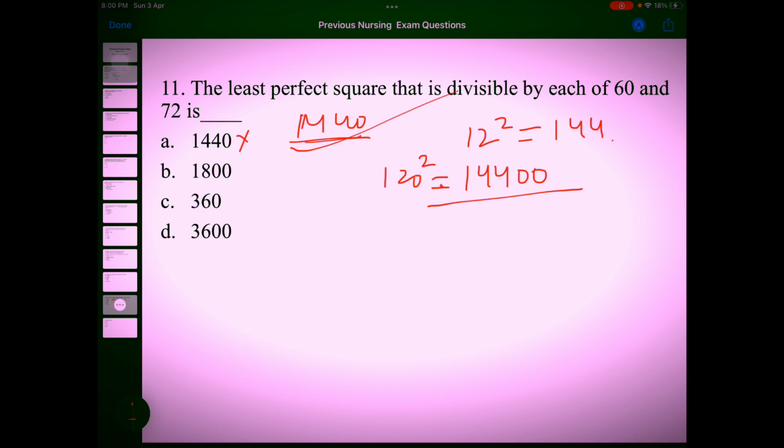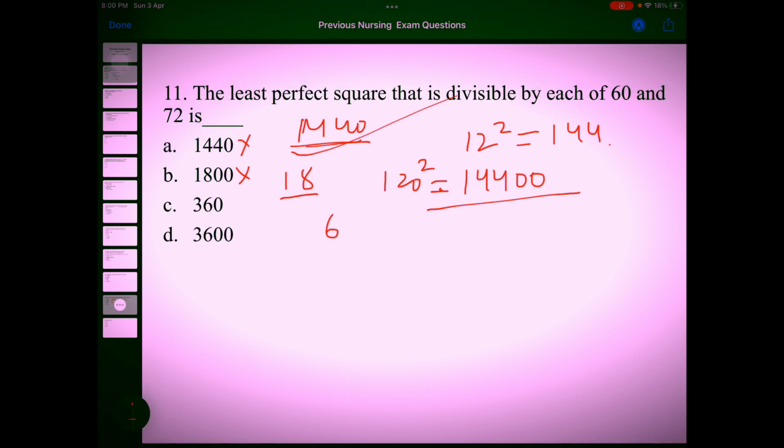Then option B, which is 1800. Here the number 18 is not a square number, so 1800 also will not be a square number. Now we are left with option C, that is 360. 360 is also not a square number, since 6 squared equals 36.